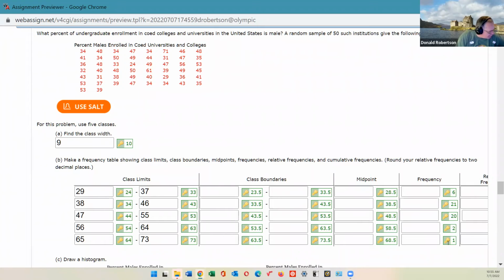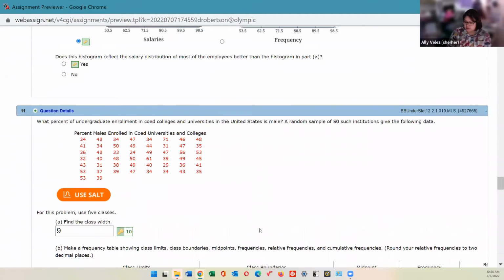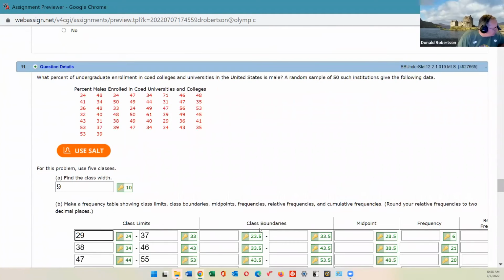Forget these numbers here for a minute. We started at the wrong number, I think, for the class limits. I did, or they did? I did. There's a 20-something in there, and I started at 29. What should I have started at?